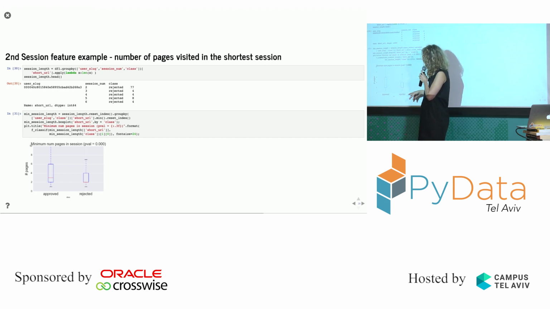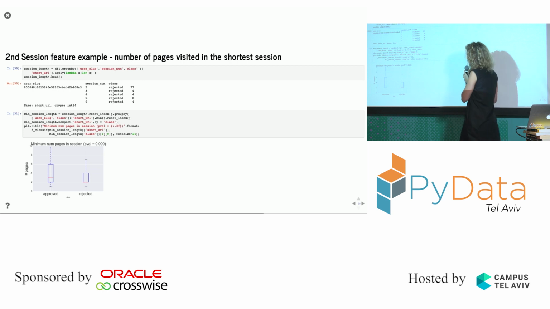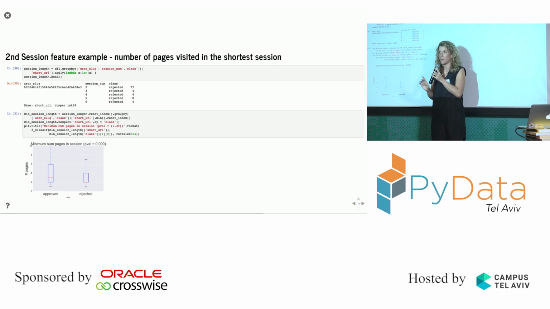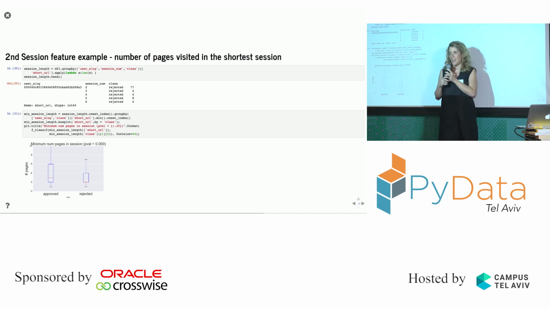And you can see here an interesting phenomenon, a bit reversed from what we saw before, but it's something completely different. You see that for rejected users, the shortest session is shorter than for the approved users.